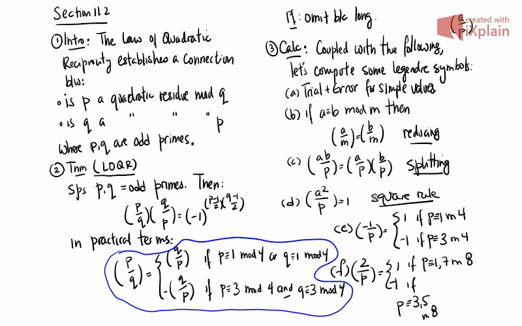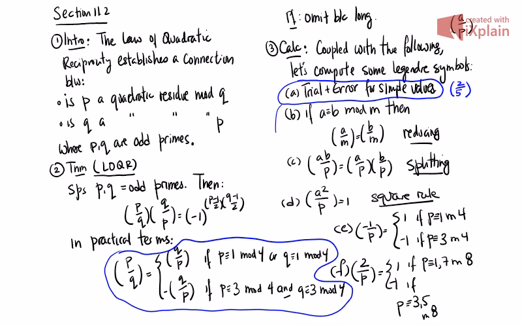Otherwise, if either of them is congruent to 1, you can flip it without negating. Then trial and error for small values. For example, if you're doing 2 over 5, and you want to know if 2 is a quadratic residue mod 5, you could just square everything mod 5 and see if you get 2. If you do, you're good, and if you don't, then you don't.